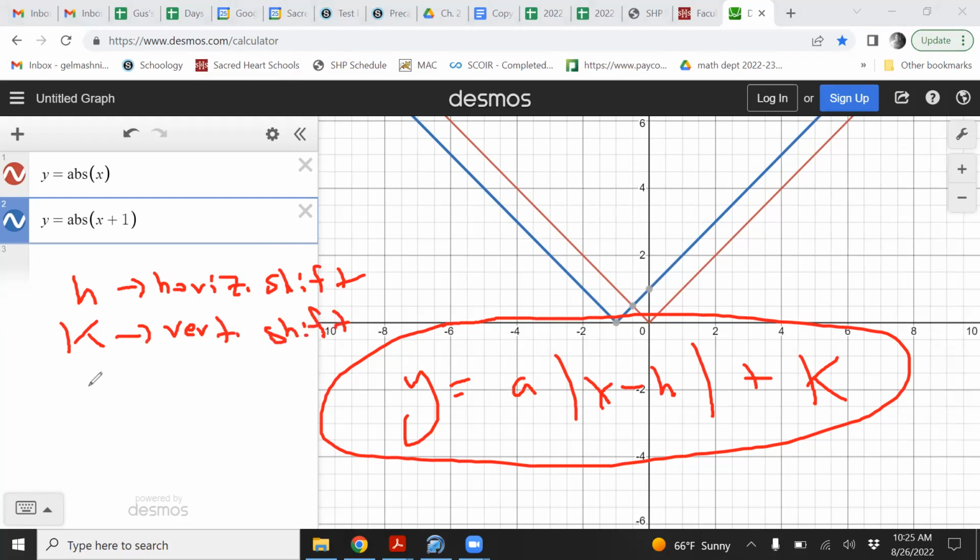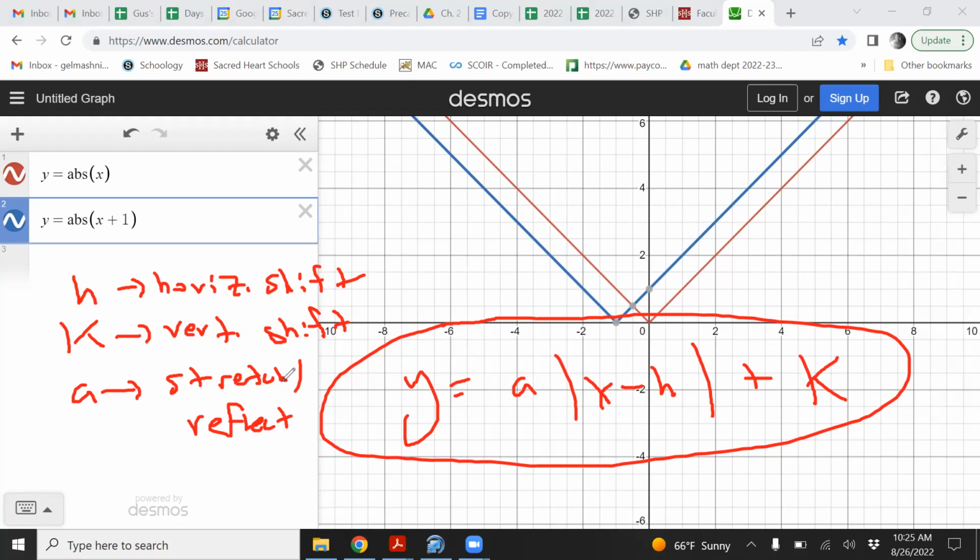And A takes care of stretch or reflect. Yeah, you should write this down somewhere in your notes. So H is responsible for the horizontal shift. K is responsible for the vertical shift. And A is just narrower, wider, or you flip it up.